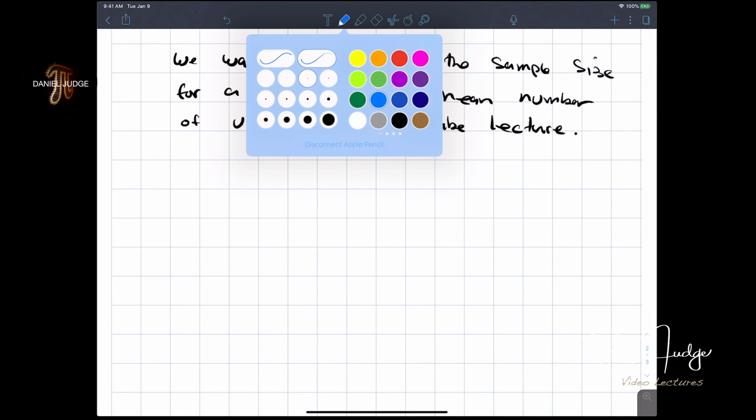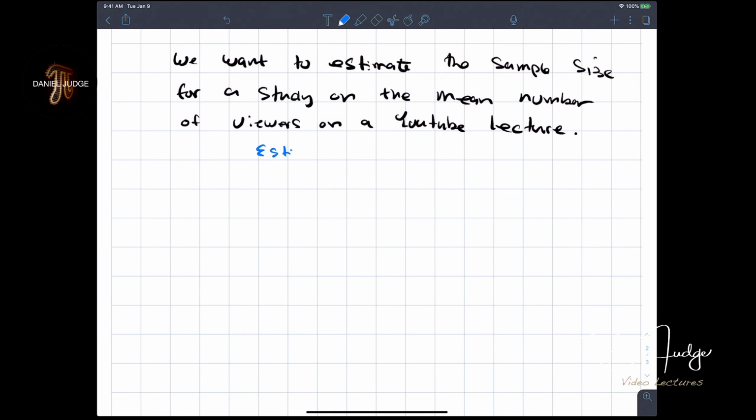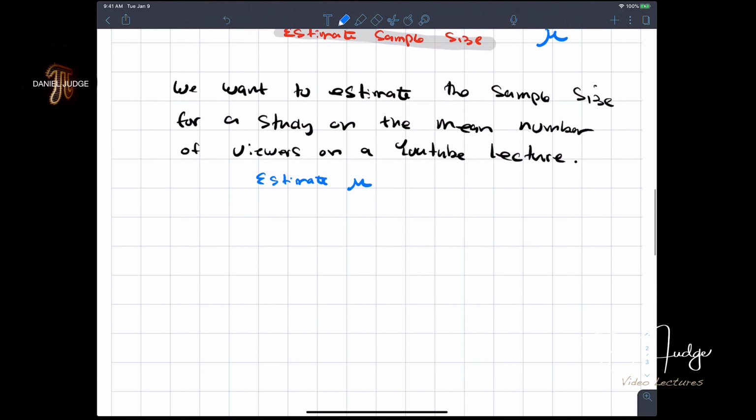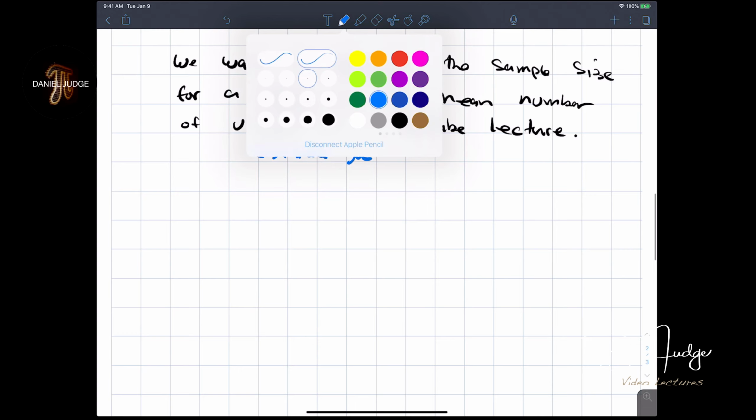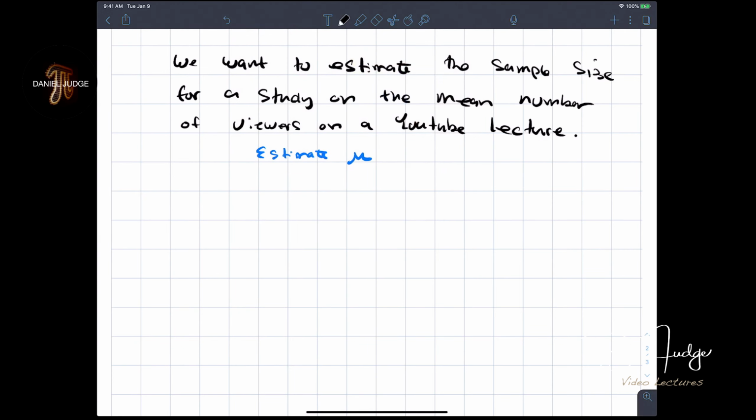So, yeah, ultimately, we're going to estimate mu. But here's the problem. We want to know ahead of time what sample size is needed to be within an error. And so that's what we should write down, right? So here's the real question today. Estimate the sample size.